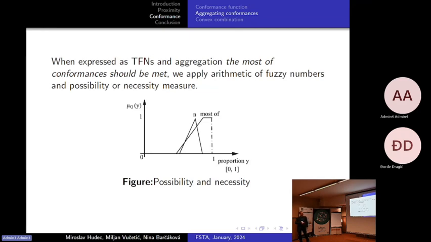When all atomic conditions are expressed by triangular fuzzy numbers, it is clear that the sum of triangular numbers is triangular, and then the arithmetic mean of them is also triangular, because with multiplication by a parameter, which is 1 divided by the number of atomic conditions, we still have triangular fuzzy numbers, and here could be the solution.